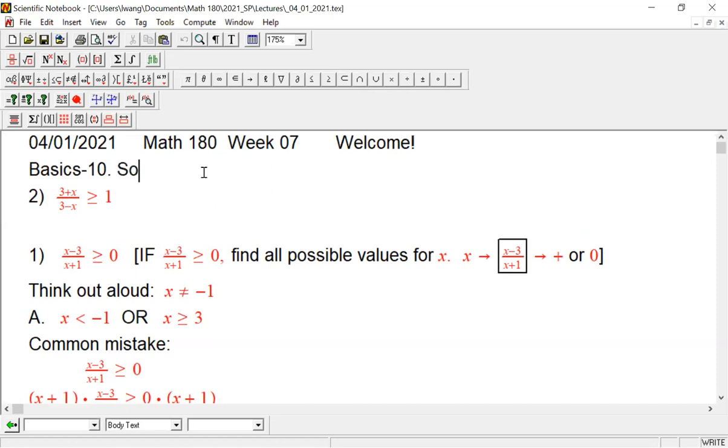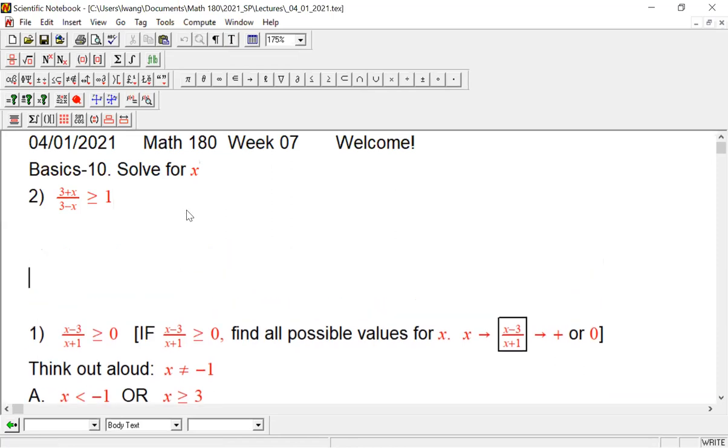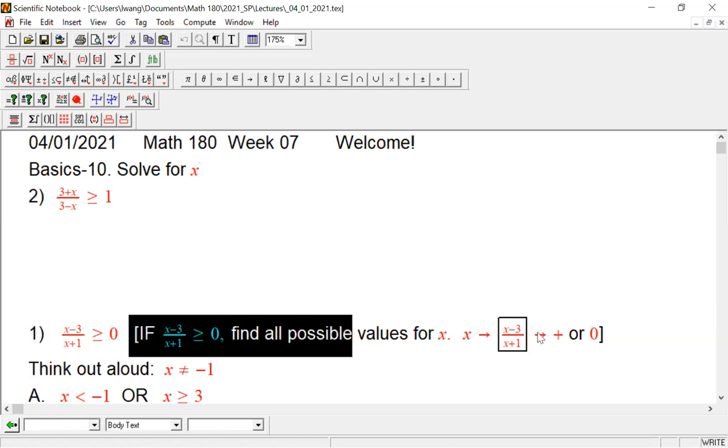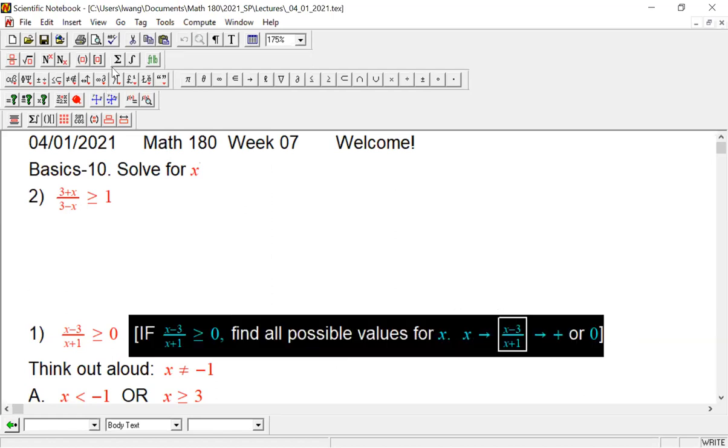Okay, of course, solve for x. We also have that perspective, right? Similar perspective.